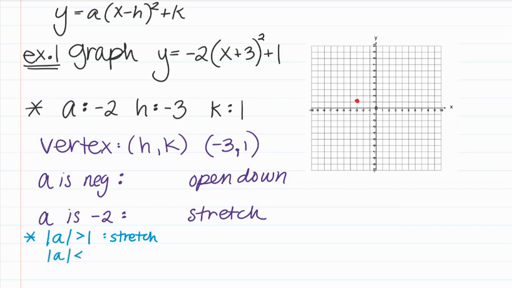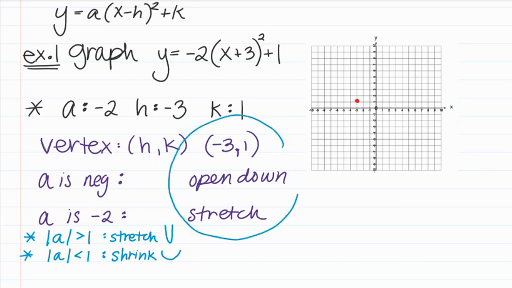If the absolute value of a is less than 1, it's a shrink. Right? So a stretch is going to make it get real skinny. A shrink is going to make it really wide. Okay? So keep those things in mind. Important information right there.